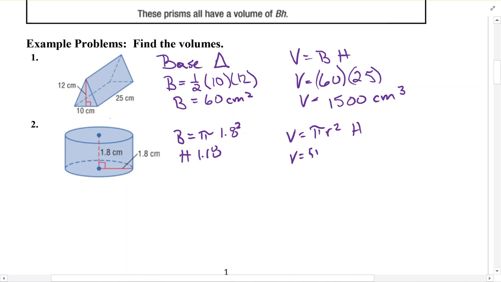So volume is pi 1.8 squared times 1.8. And our volume is 18.3 centimeters cubed.